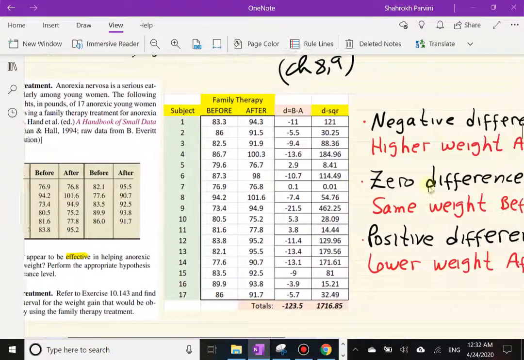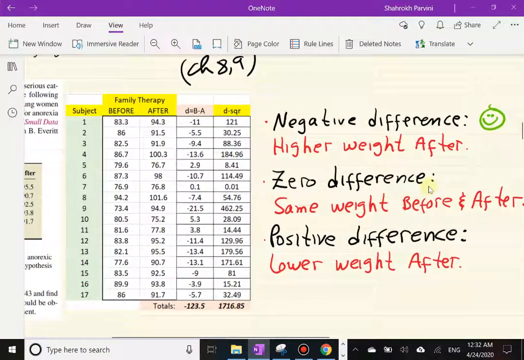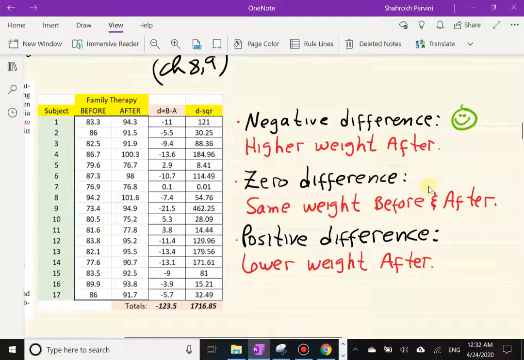Now, one thing I just want to have your attention on here. What does a negative difference mean? What does a positive difference mean? And what does almost a zero difference mean? If you look at 0.1, that's pretty close to 0, means same weight, right? Before and after weights are the same.